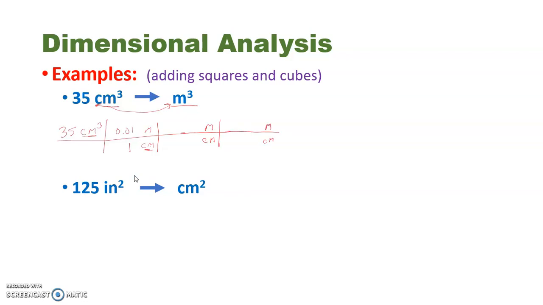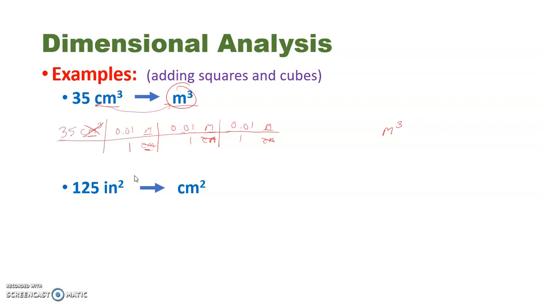Centimeter down, meter goes up. Sorry, my M is pretty bad there. And I just repeat 1, 1, 0.01, 0.01. Now 3 centimeters on bottom cancels out all 3 on top, and I'm also left with 1, 2, 3 meters on top, which will give me meters cubed, which is awesome because that's what I want.